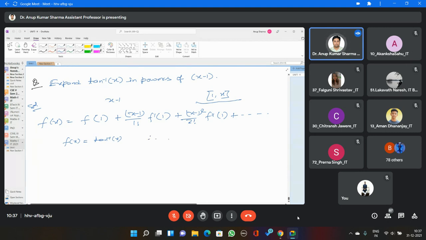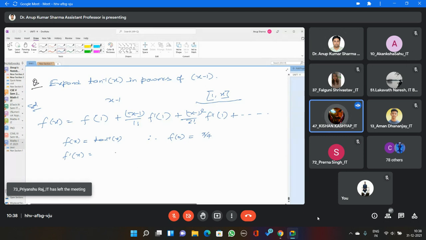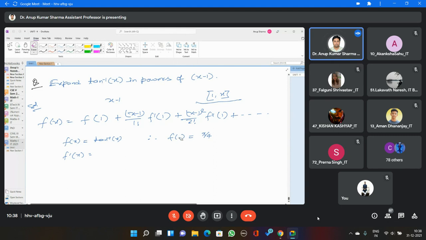Therefore f(0) is tan inverse 0, which is pi by 4, as we know the values. Next, f(1) is equal to pi by 4.